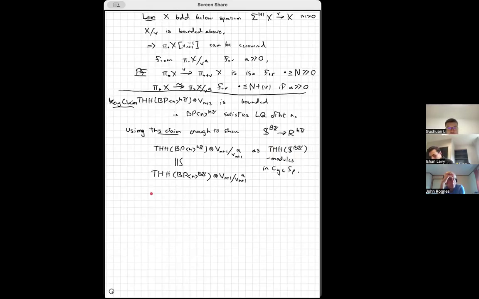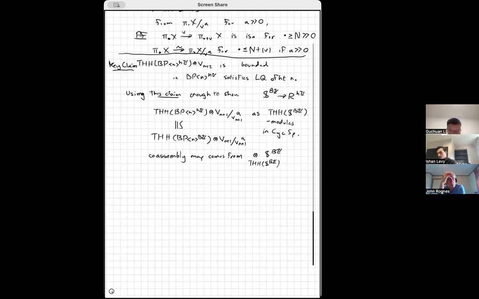Namely, the co-assembly map comes from tensoring over this ring with the map to S to the BZ itself. So you recover this isomorphism compatible with the co-assembly map.